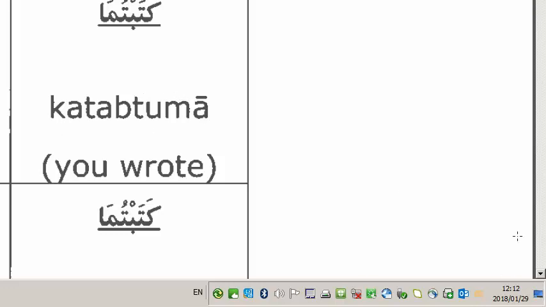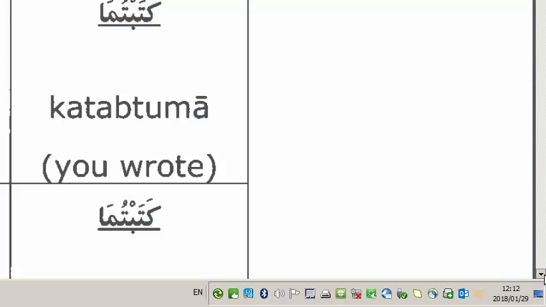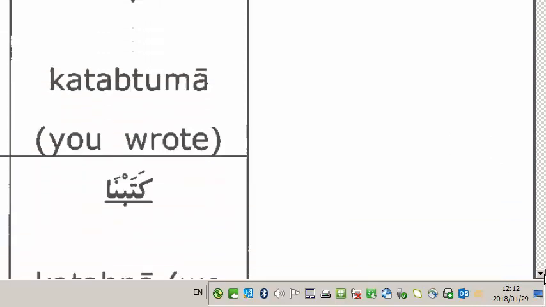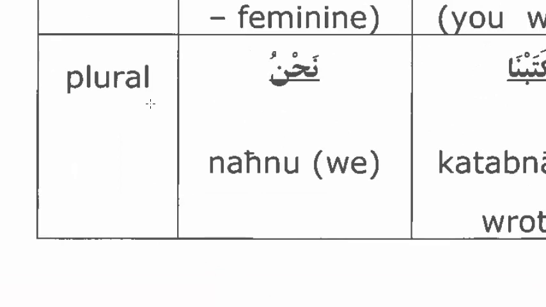Don't worry too much about duals. It's useful to know, but at this stage don't worry too much about it. Katabtuma, you two wrote, and so on. But here the plurals are important. Katabna, we wrote. Plural in Arabic, as you know, means three or more.